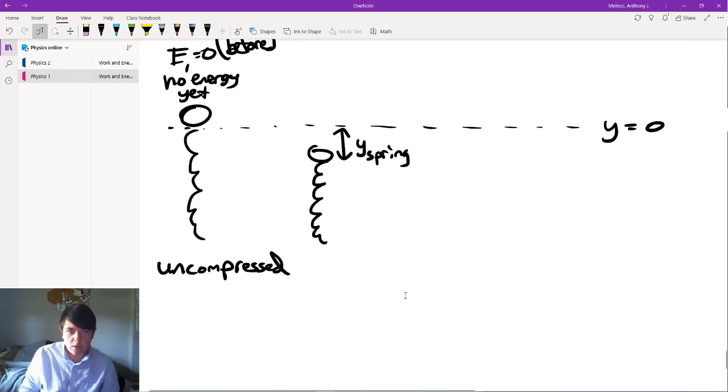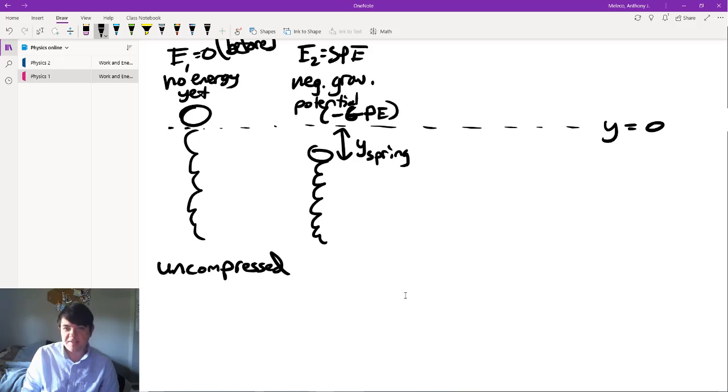So E2, you will have spring potential energy because of the spring, but you will also have negative gravitational potential energy, negative GPE. And it's negative because you are going beneath, you're going lower than y equals 0. Okay, you're not going above it, you're going below it.